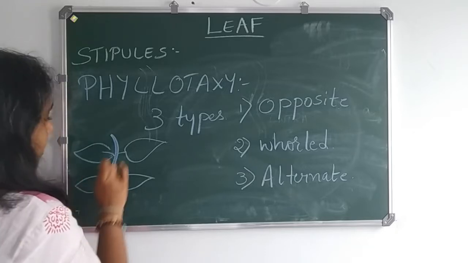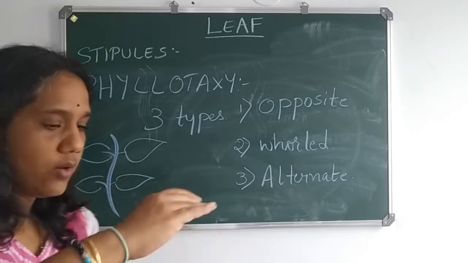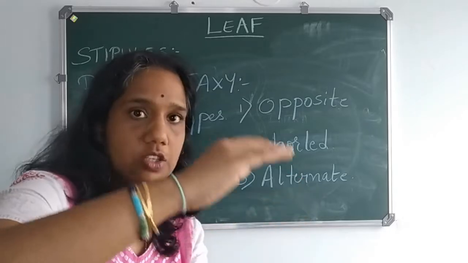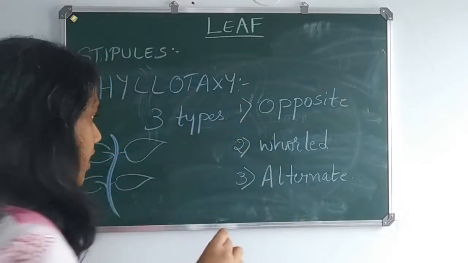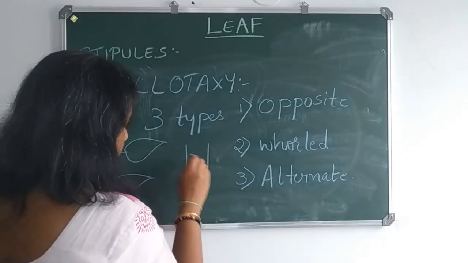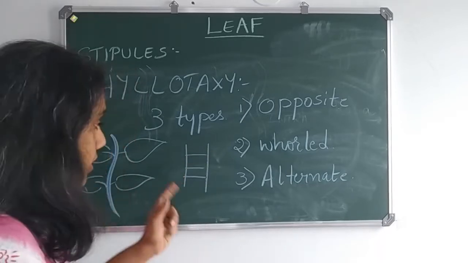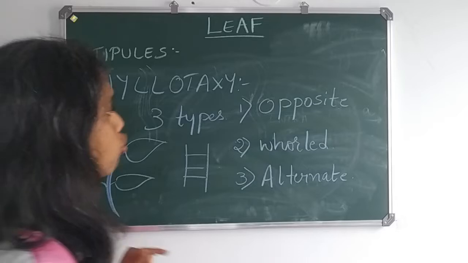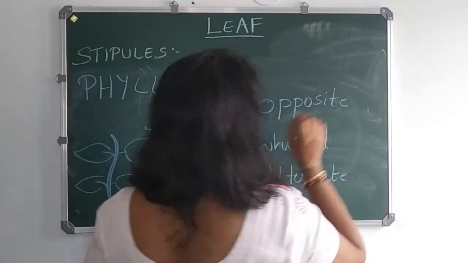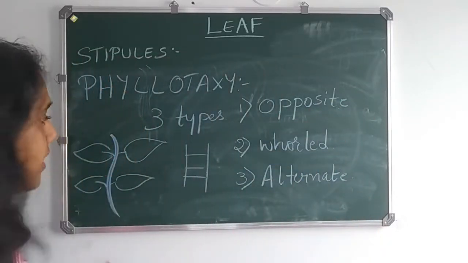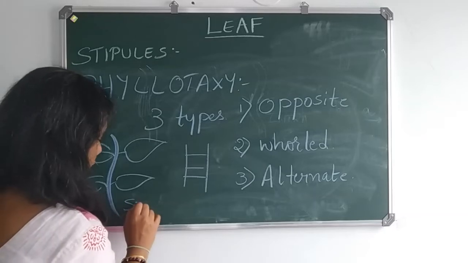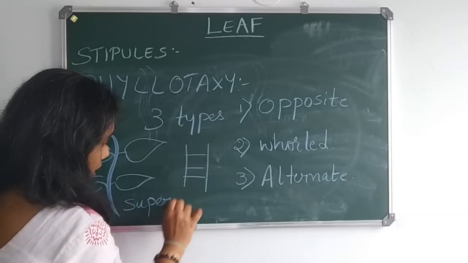When the leaves are arranged opposite, one above the other like the rungs of a ladder, then we call it superposed. Opposite, superposed.